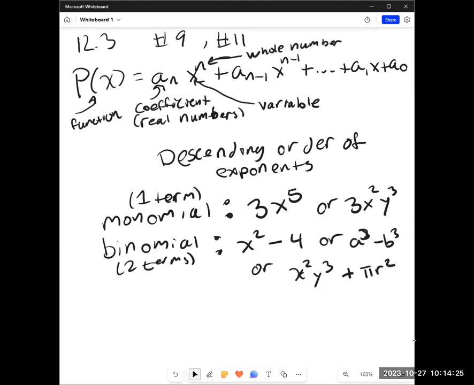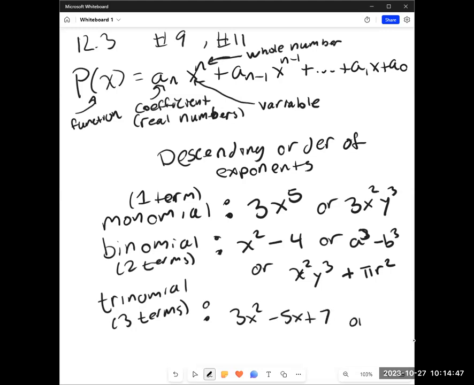So a trinomial is going to be 3 terms. And it may look anything like 3x squared minus 5x plus 7, or it could look like x cubed plus 4x squared y plus y cubed.